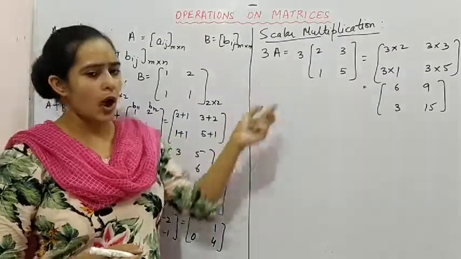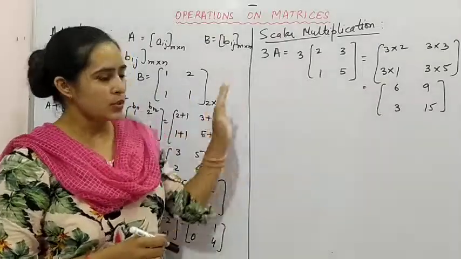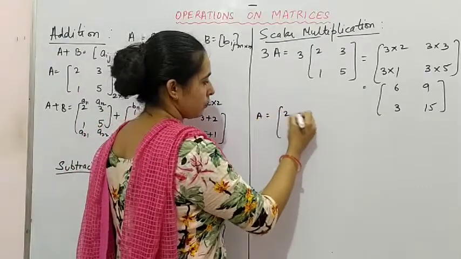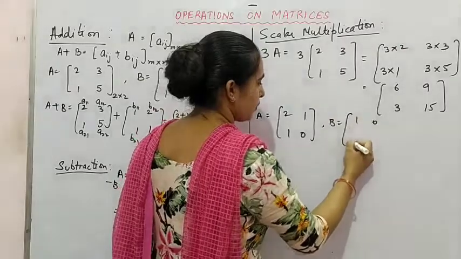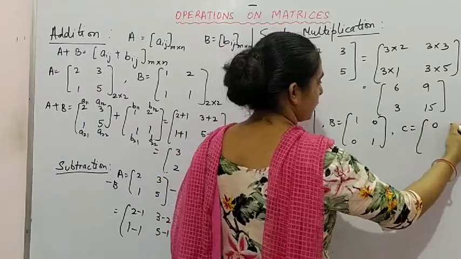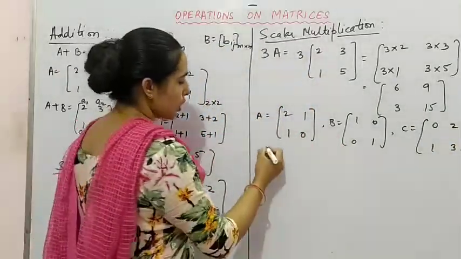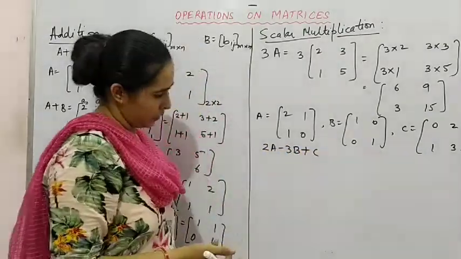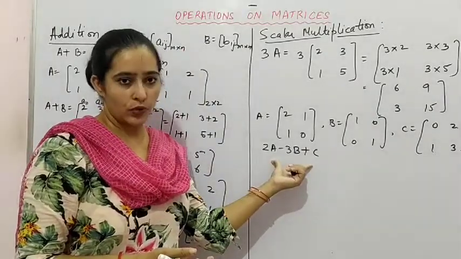Now let us discuss how we can evaluate different expressions using these operations. Suppose we have a matrix A, a matrix B, and a matrix C. And we are asked to find 2A minus 3B plus C. We can be given any such type of expression and be asked to evaluate it.